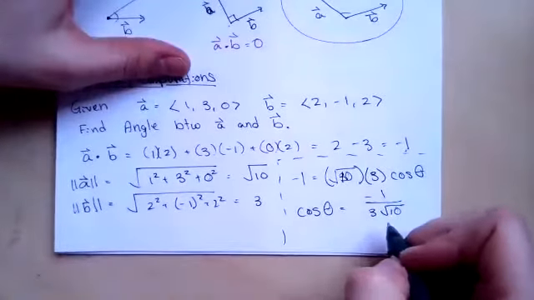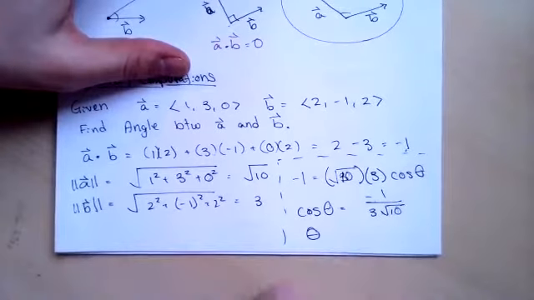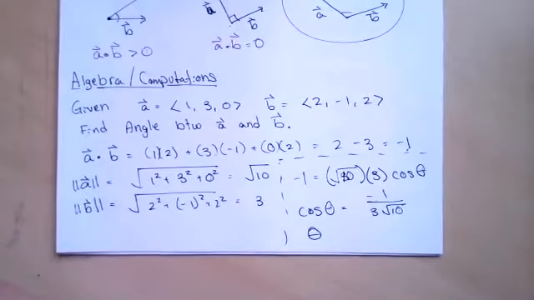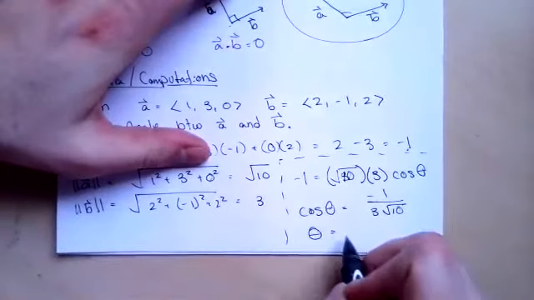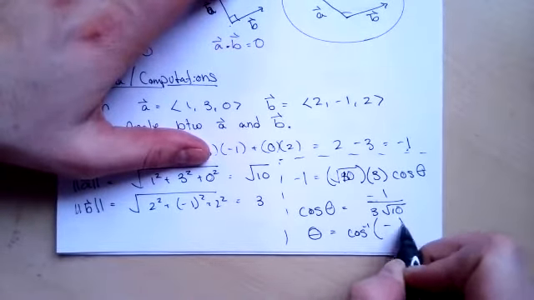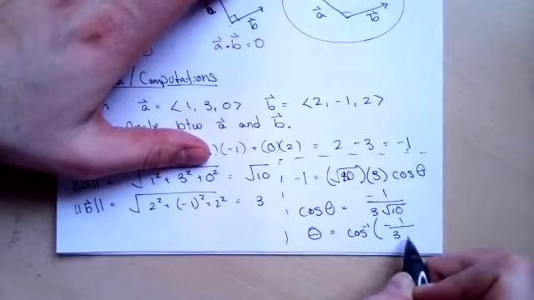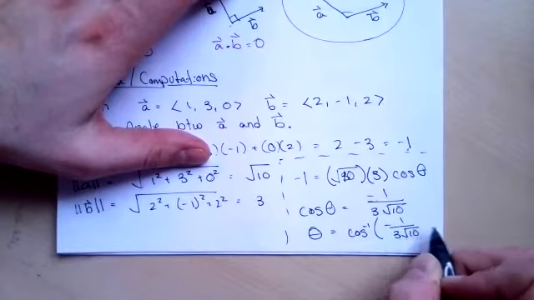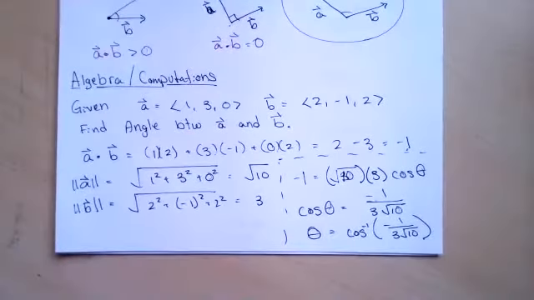Unfortunately, this is not a very nice angle, at least not one we can compute by hand, not one we should know off the unit circle. So our theta is simply going to be written as arc cosine of negative 1 over 3 root 10. Rough estimate, how big is that angle? What quadrant should that angle be in?